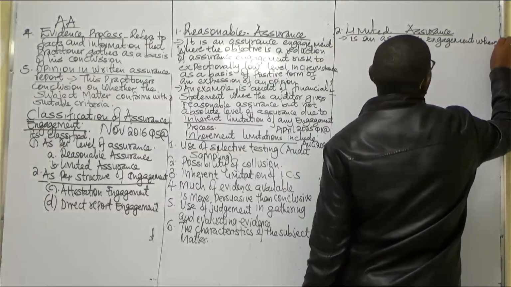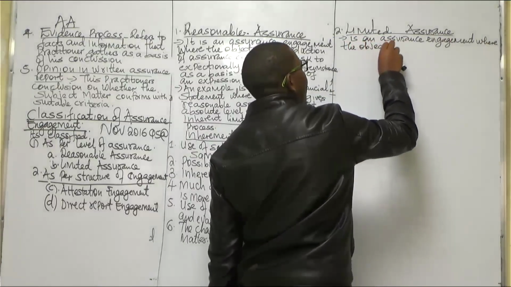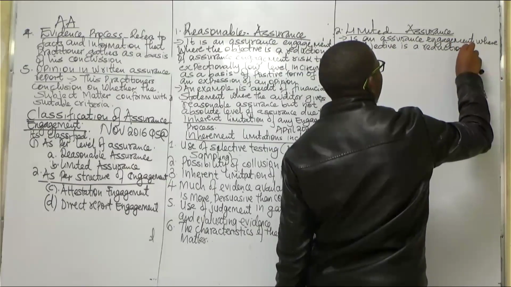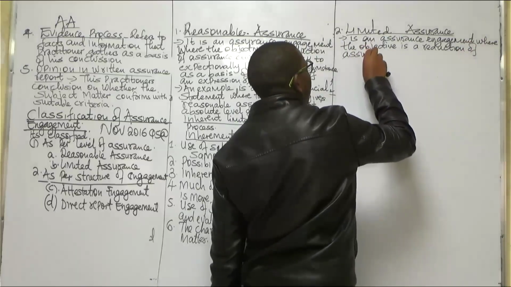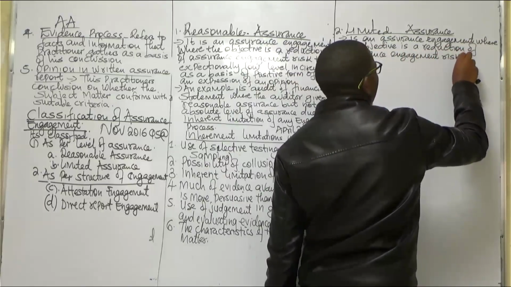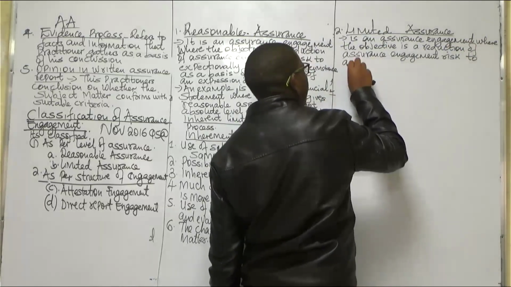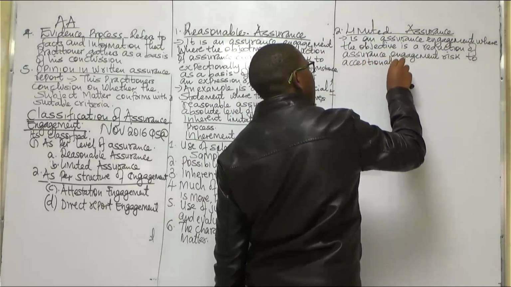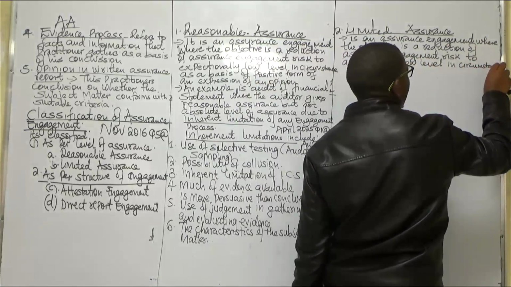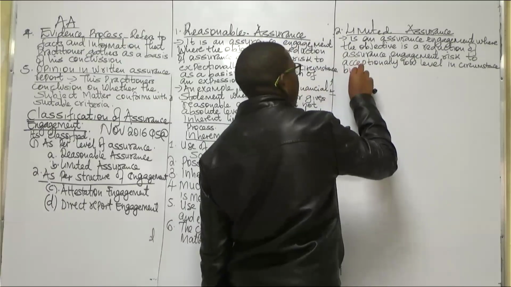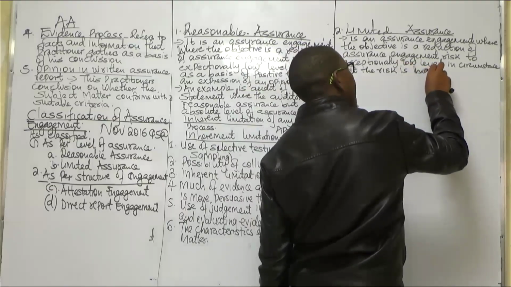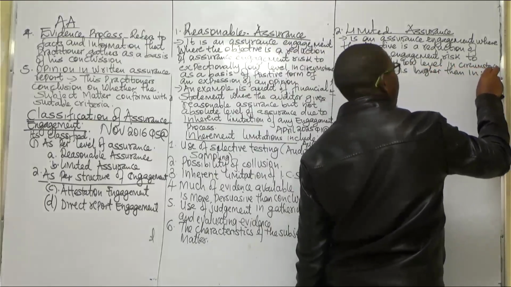Where the objective is the reduction of assurance engagement risk to an exceptionally low level in the circumstances, but the risk is higher than in reasonable assurance.